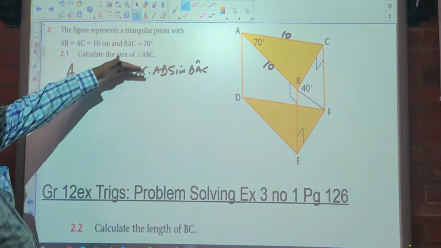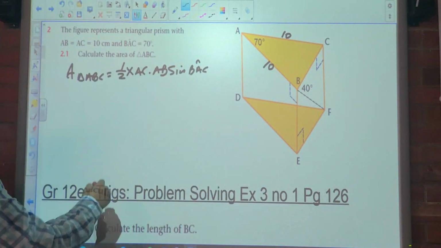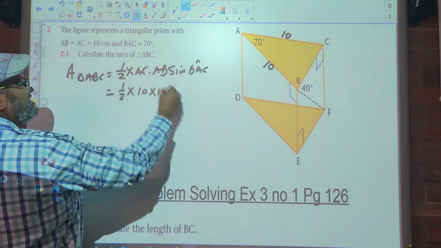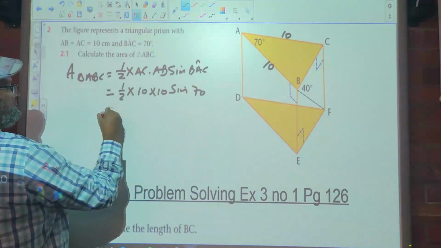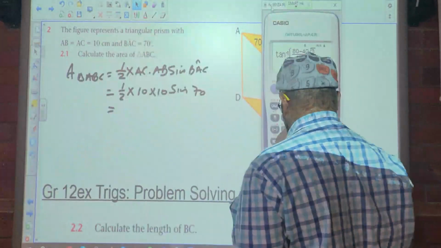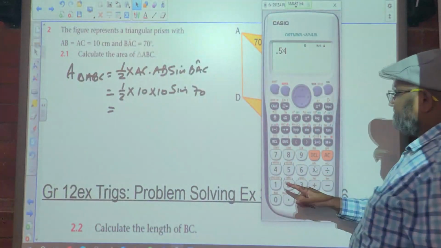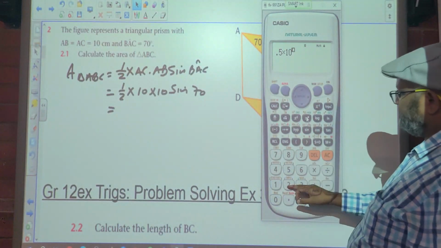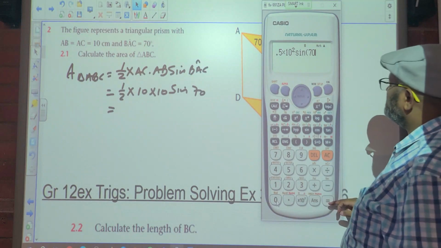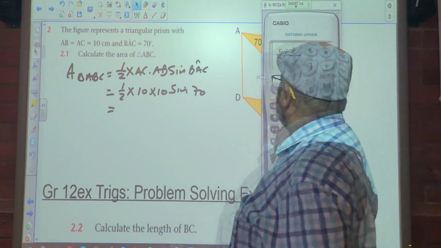Do I have to write this here? No, you don't have to. That's simply half times 10 times 10 times sine of 70. It gives an answer of 46.98.